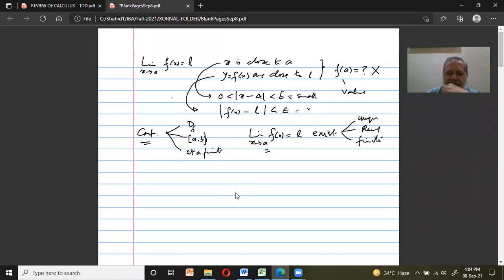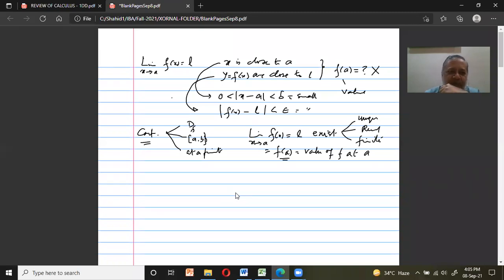And this is also equal to the function value, the value of f at a. That means once you know the concept of limit and how to find it, you find the limit. If it exists, then you check the value of the function. If the limit and the value are the same, then you say the function is continuous.